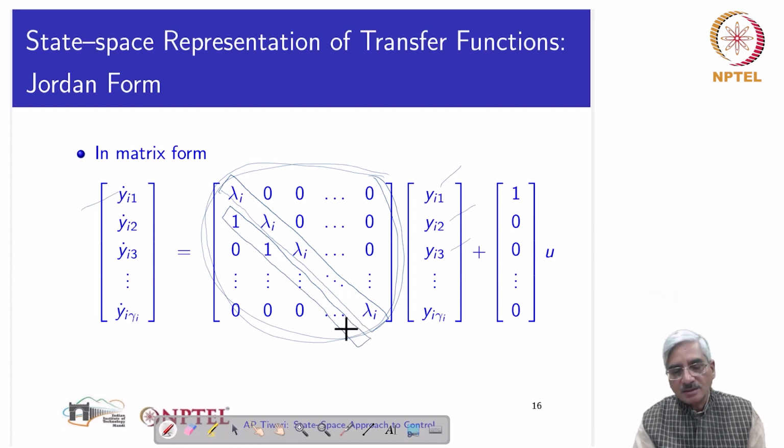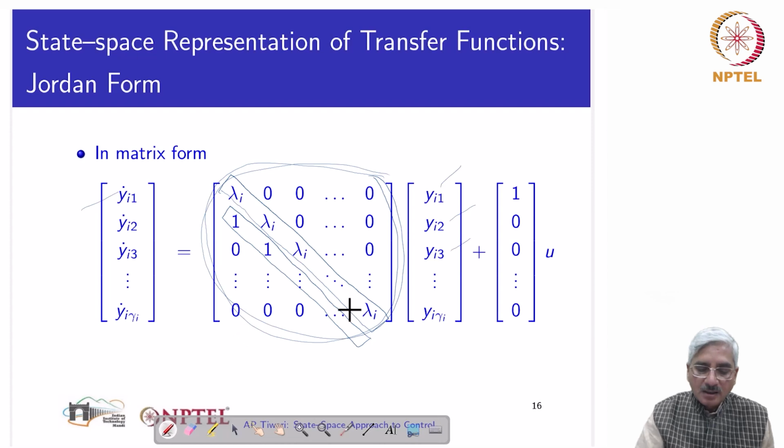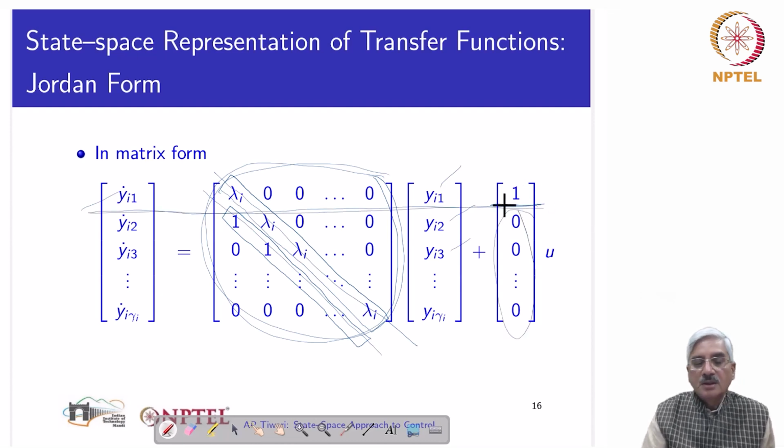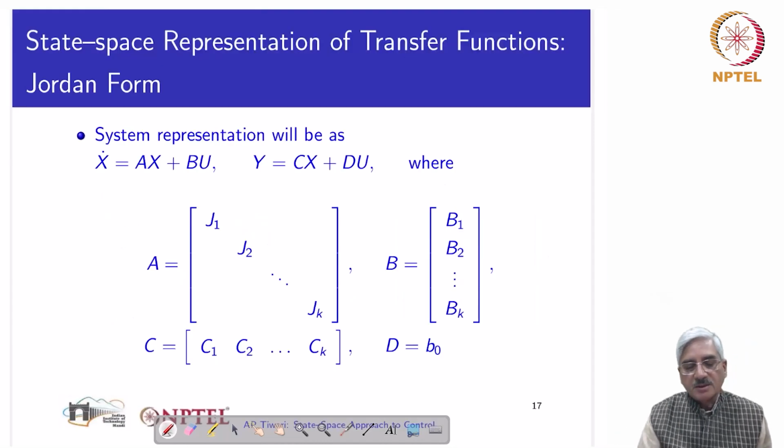One of the blocks is of Jordan form like this: lambda I on the diagonal and 1 on the sub-diagonal. And of course, the input has a 1 in the first row, and all others have 0. So this is how we get one of those subsystems.